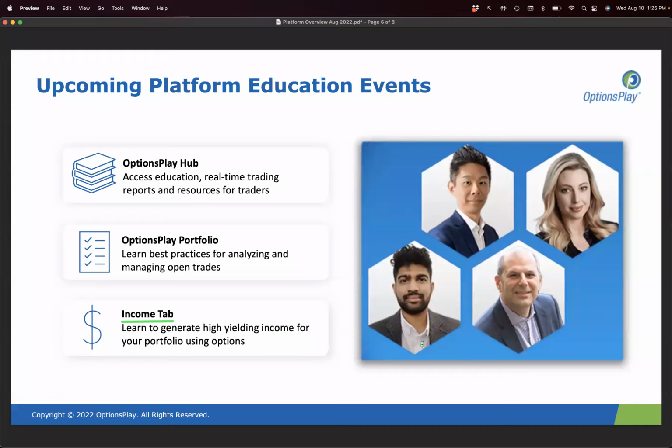So we'll make sure that we cover a session just on how to utilize the income tab to generate high yielding income for your portfolio utilizing options. So those are some of the upcoming events that we'll be hosting on the platform walkthrough to give you better visibility and understanding of how to utilize this platform and maximize your membership.